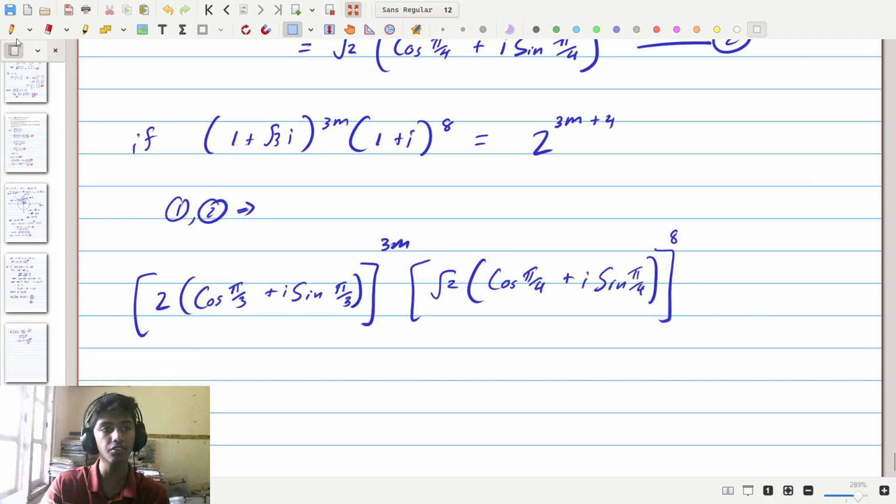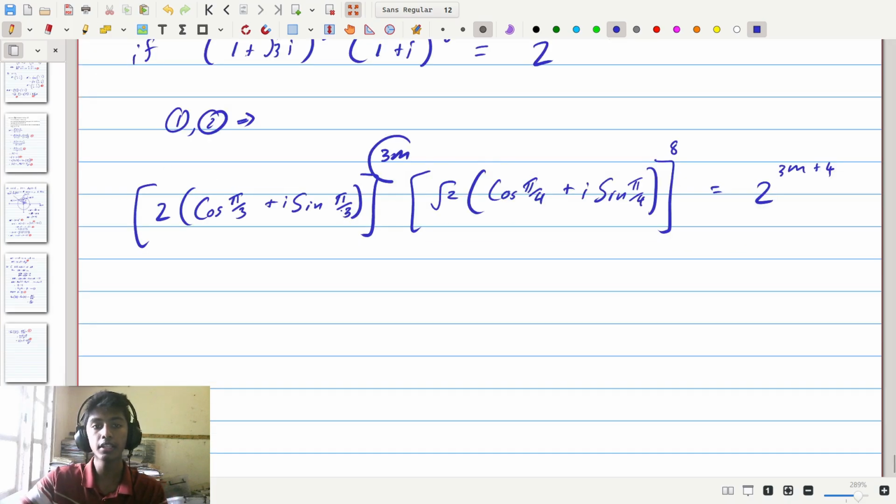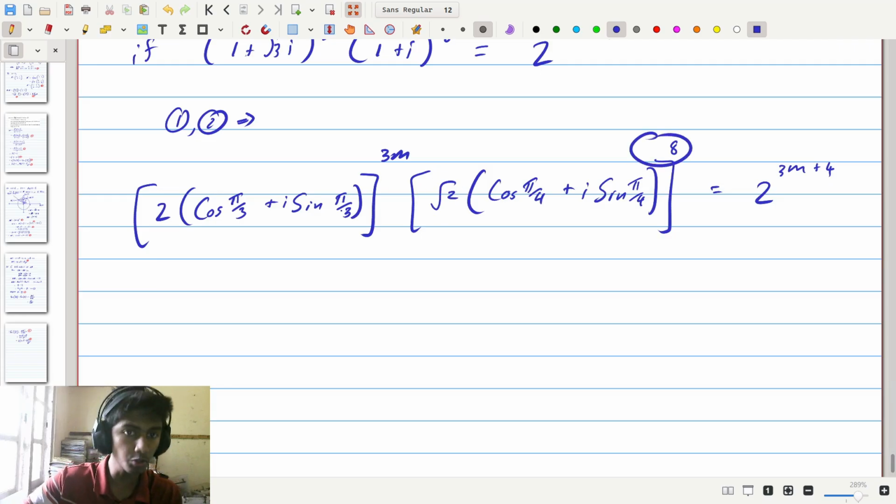So this whole thing is equal to 2 to the power of 3m plus 4. Now we can see by index rules, if we simplify, the 2 to the power of 3m is going to stay separate, and the square root of 2 to the power of 8 is going to become 2 to the power of 4.